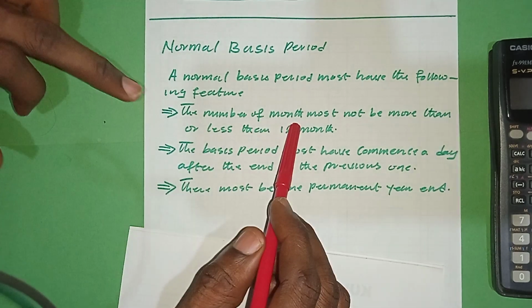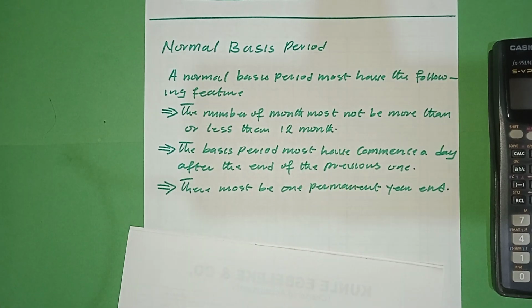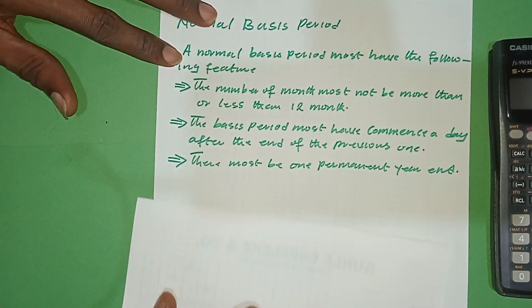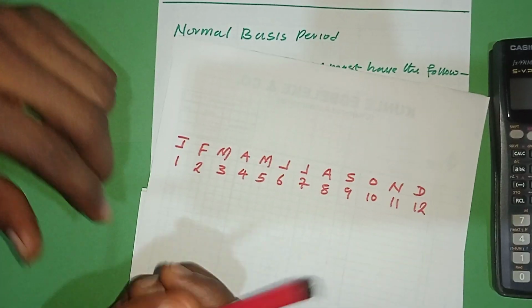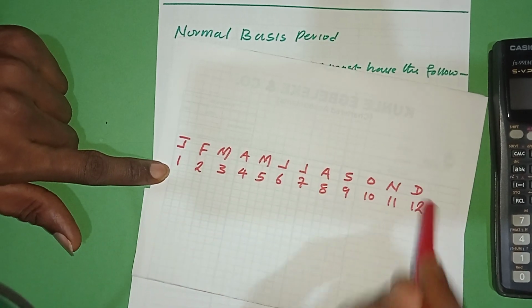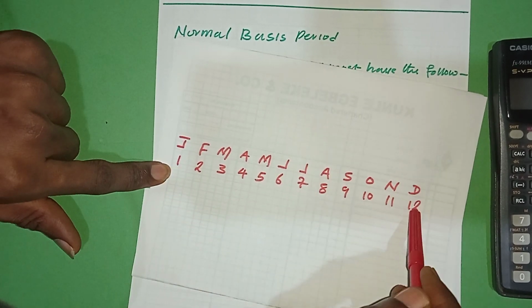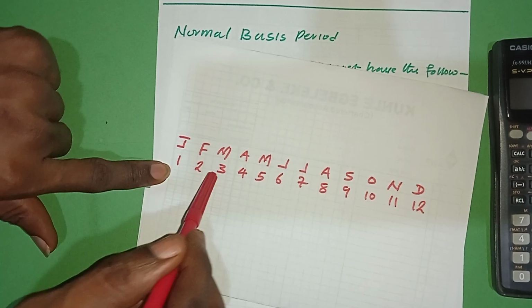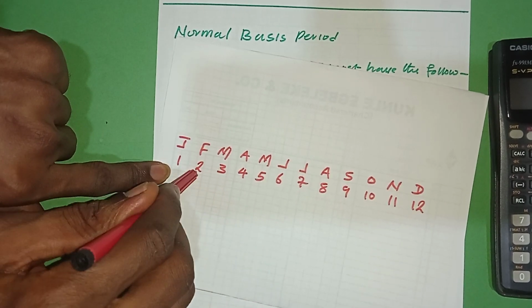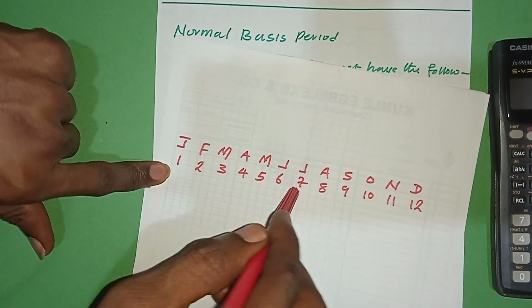One, the number of months must not be more than or less than 12. That is to say, the number of months must be 12. It must start from January to December, February to January, March to February, and so on.